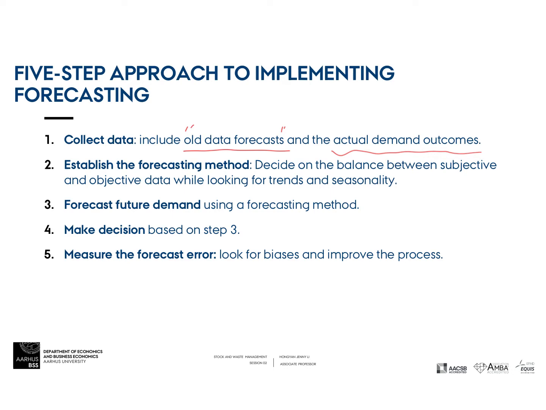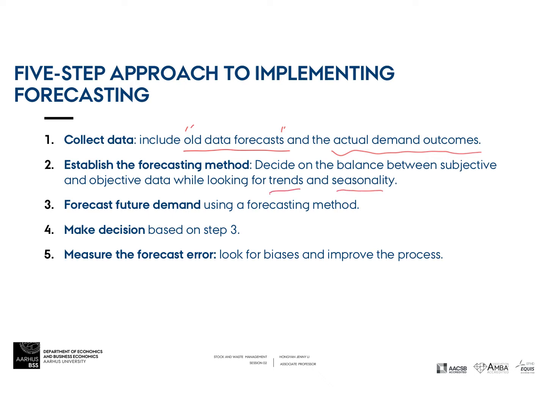Second, establish the forecasting method. You decide on the balance between the subjective and the objective data while looking for the trends and seasonality. Regardless of the complexity of the modern methods or theories, normally all the methods will focus on the trends and the seasonality.